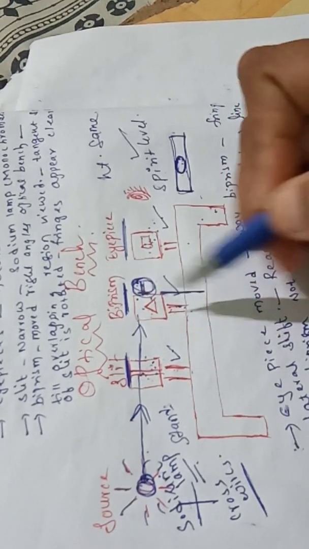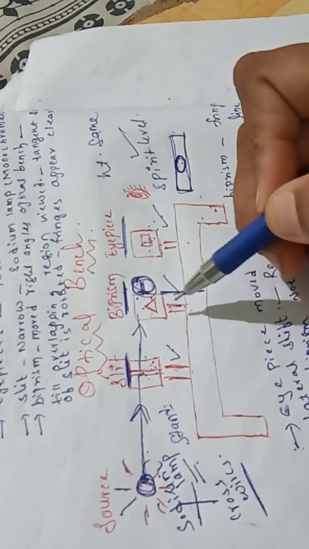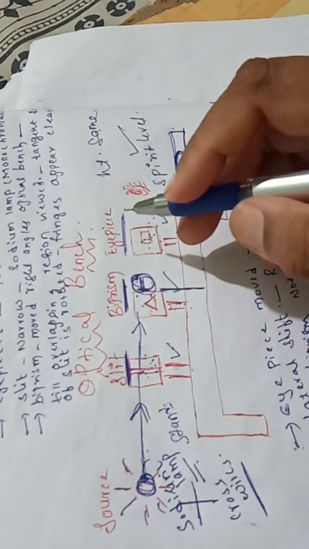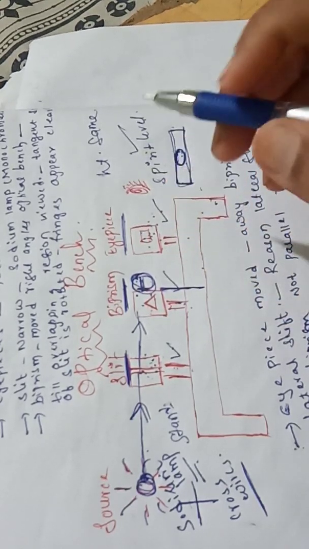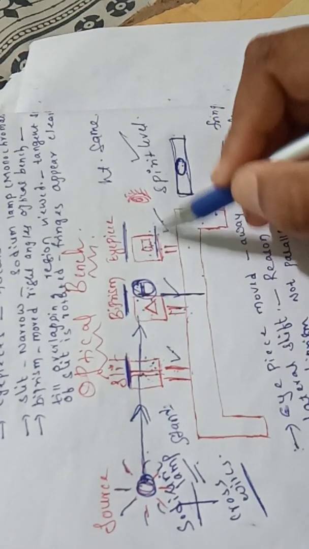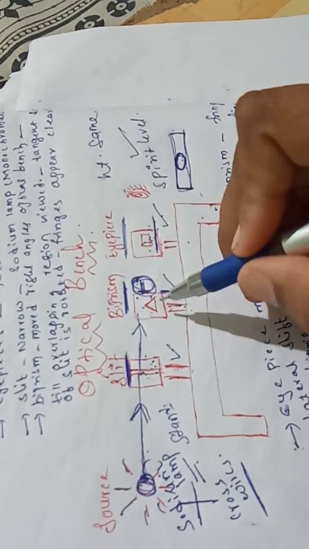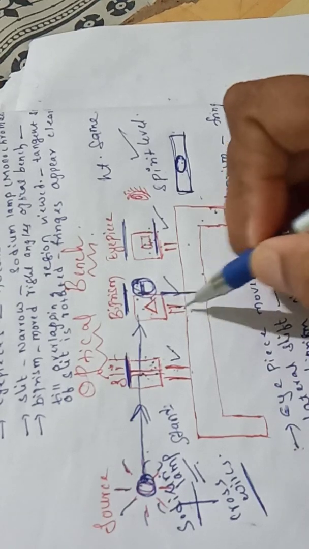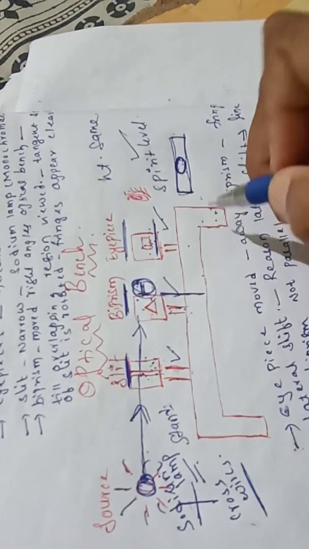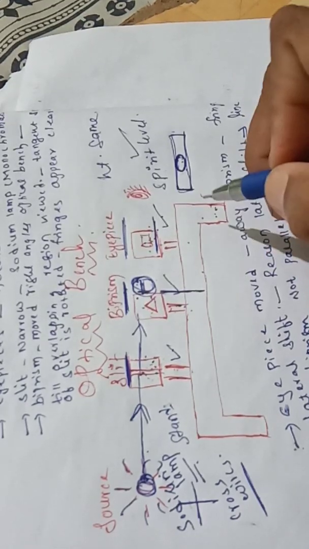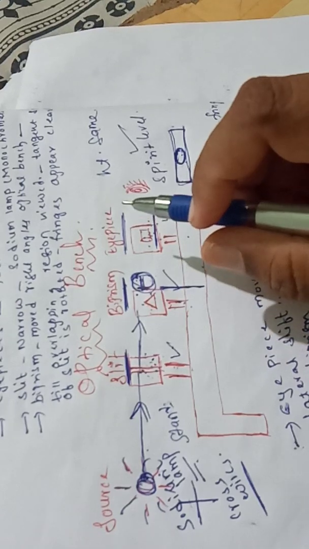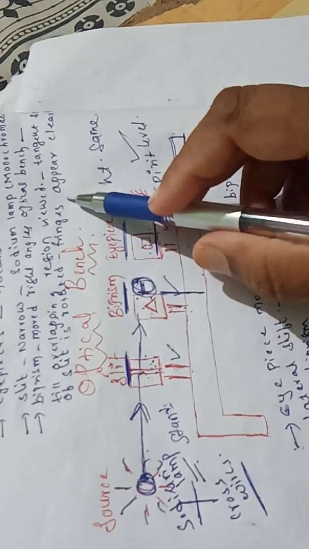By moving this biprism at right angles to the optical bench, we will move it until the overlapping region is viewed through the eyepiece.